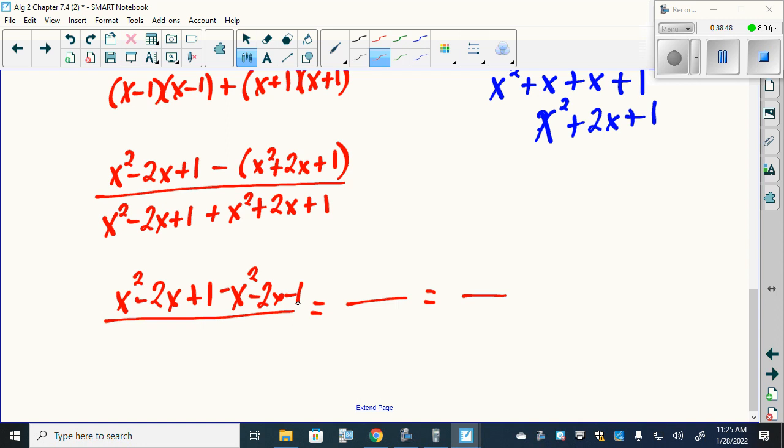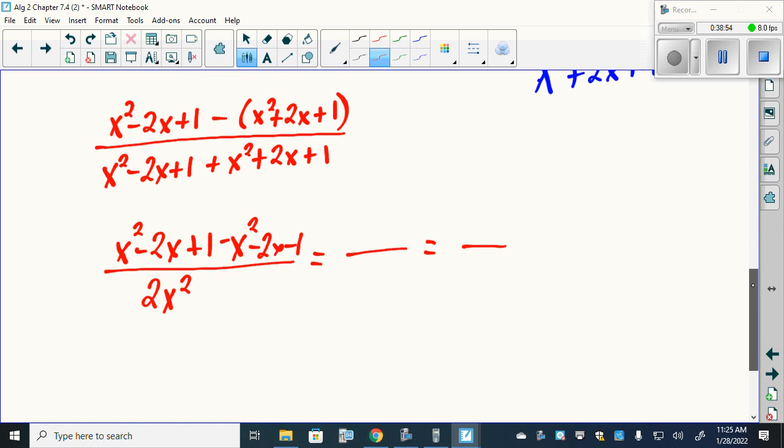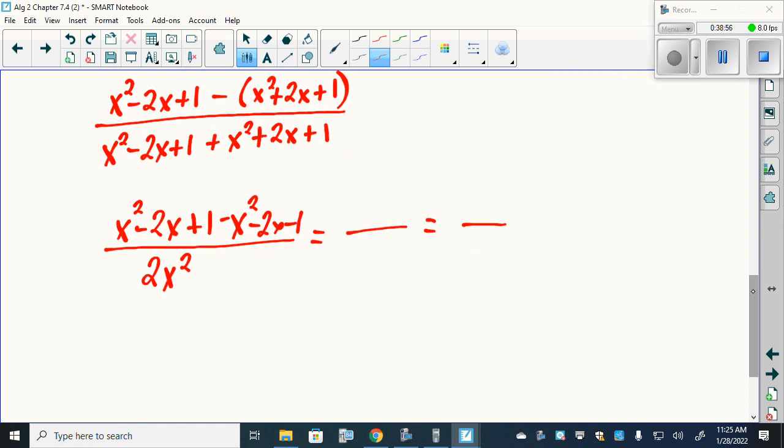X squared plus x squared is 2x squared. Well, negative 2x plus 2x is 0. And lastly, 1 plus 1 is plus 2. Kind of nice.